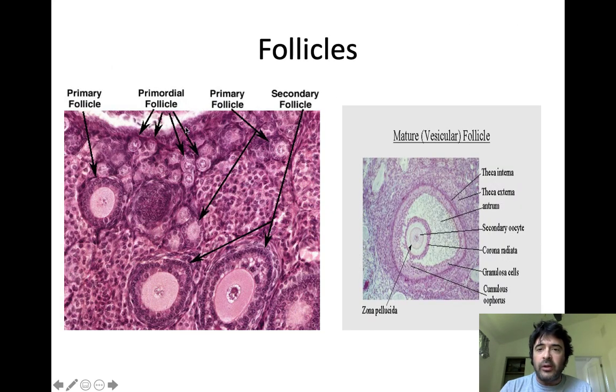Now, when you're identifying follicles for the anatomy portion of the exam, these small follicles here with a single layer of cells surrounding them are called primordial follicles. Primordial follicles will mature in response to the presence of follicle stimulating hormone to form what are called primary follicles.